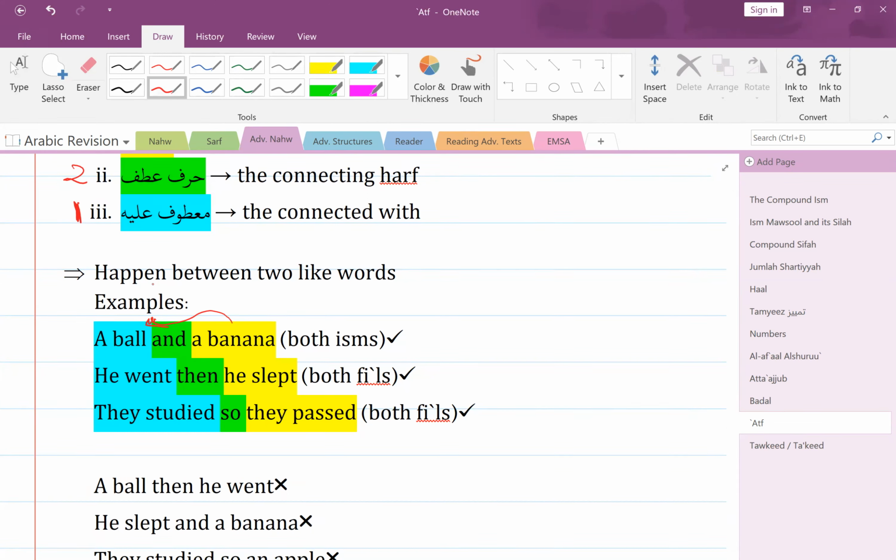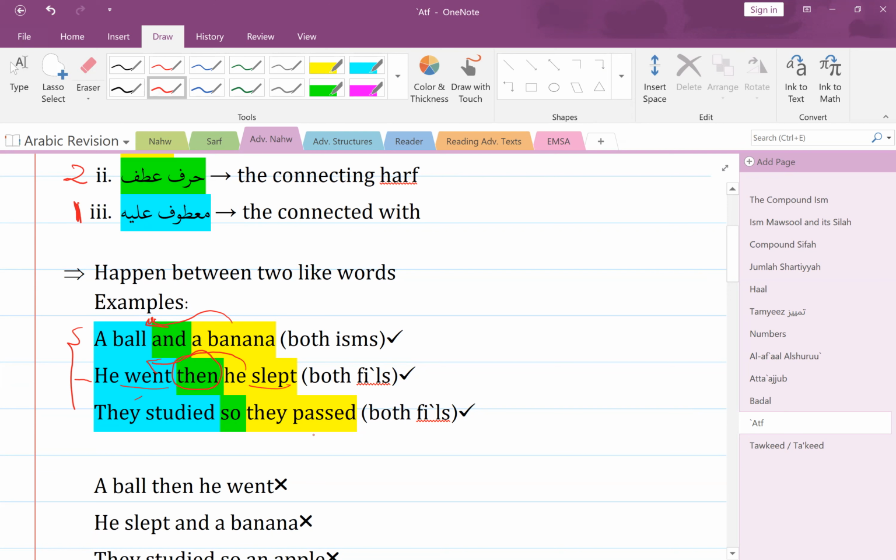I can say he went, then he slept. You can see I'm connecting two fi'ls. He went, then, which is the connecting word. You see it color coded there for you. Then he slept, ma'tuf. So ma'tuf alayh is blue, green is the harf ataf, and yellow is the ma'tuf.